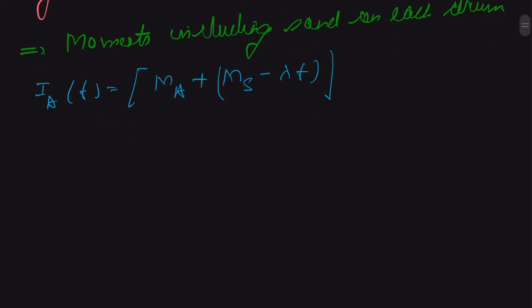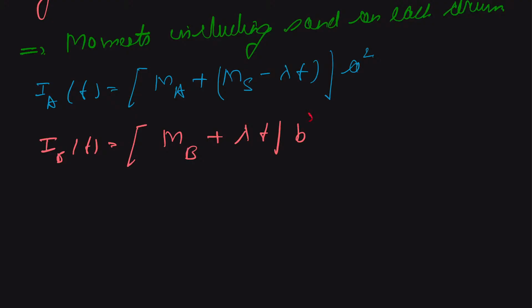And similarly, we can write for B, initially, and it is multiplied by a square. And initially we had the mass of B rim plus the sand in time t, and this is multiplied by its radius, that is b square.